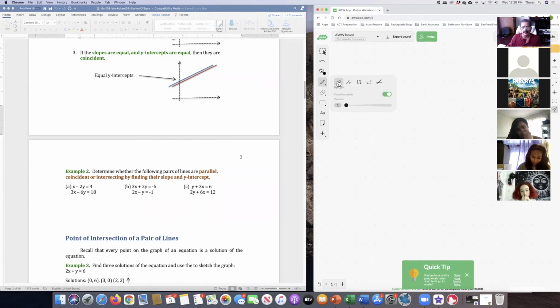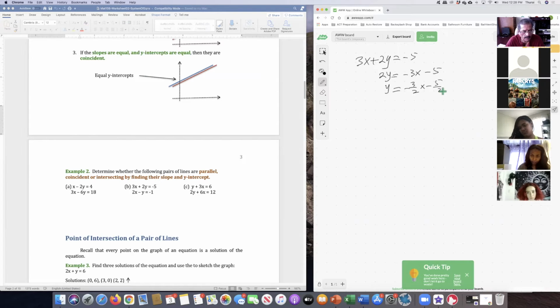So take the first line, 3x plus 2y equal to minus 5. I'm rearranging it. So 2y equal to minus 3x minus 5. Divide by 2, y equal to minus 3 over 2 x minus 5 over 2. So we can see the slope and y-intercept, minus 3 over 2, minus 5 over 2.